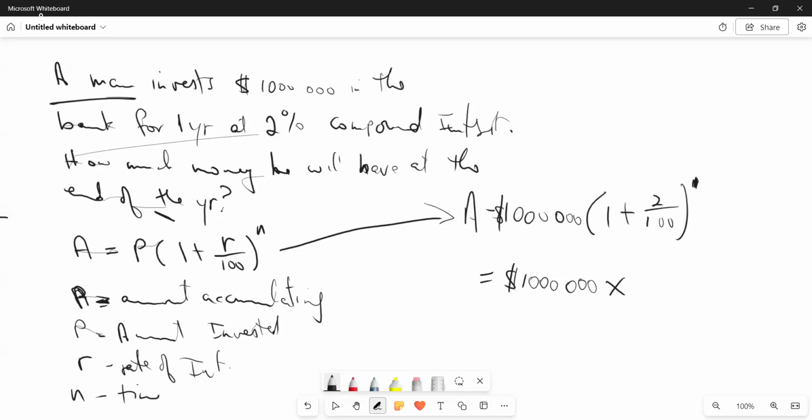Remember, there's a multiplication sign there, even though we don't write it, but I put it in now. And remember, we work out what's in the bracket first, so that's 1.02. Raising it to the first power is the same thing.